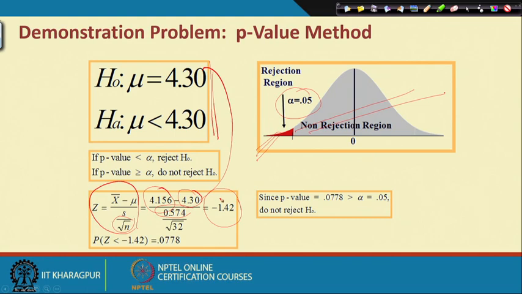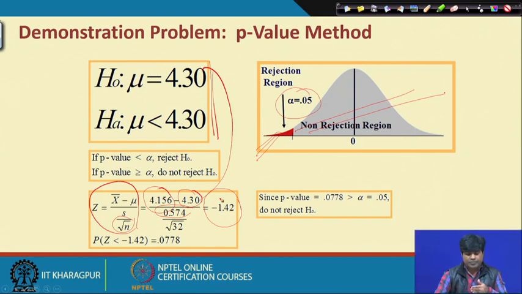If you go to the z tables, you will find the probability value is coming 0.0778, but our alpha is fixed at 0.05.